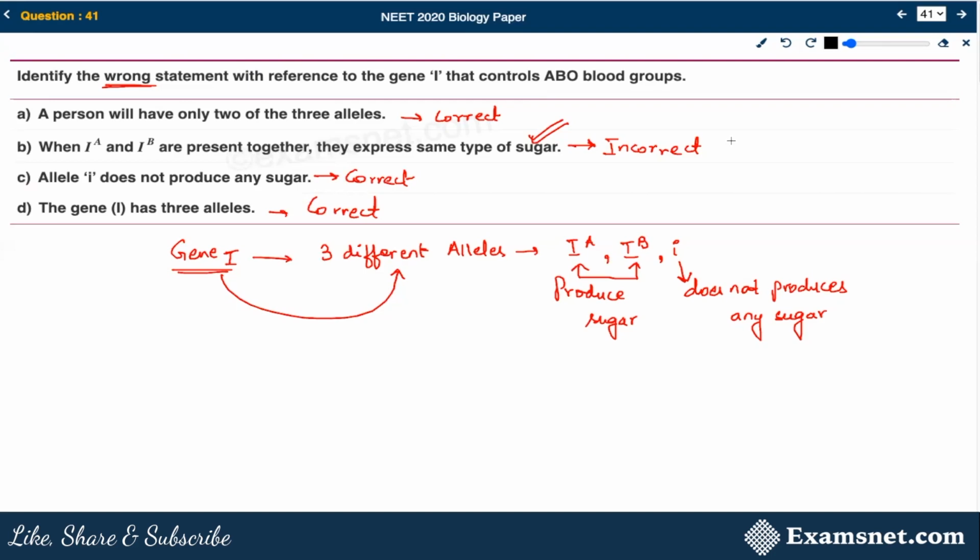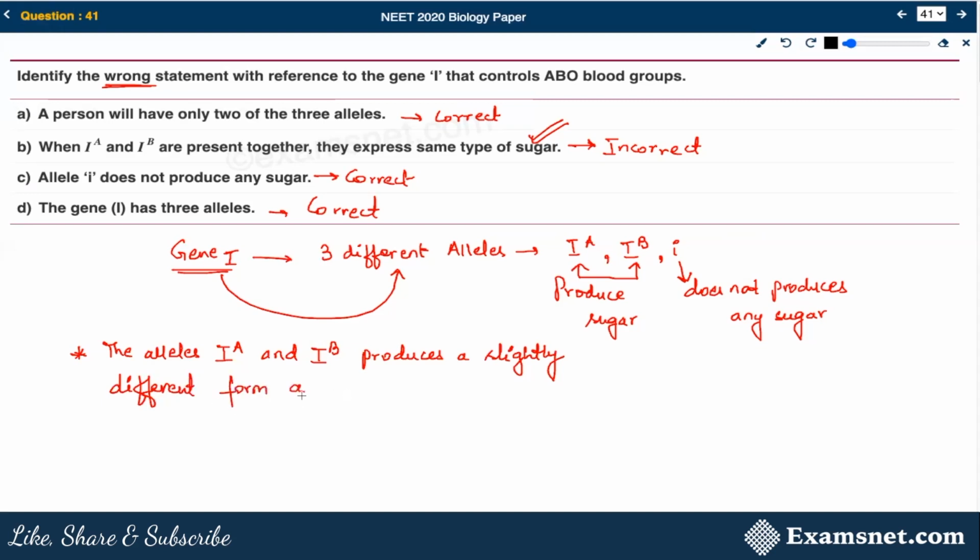So the alleles IA and IB produce a slightly different form of sugar, not exactly the same form of sugar. Clear?